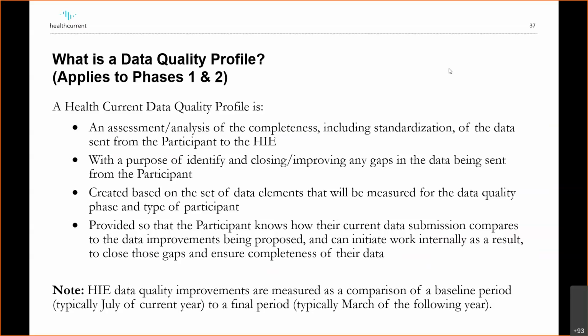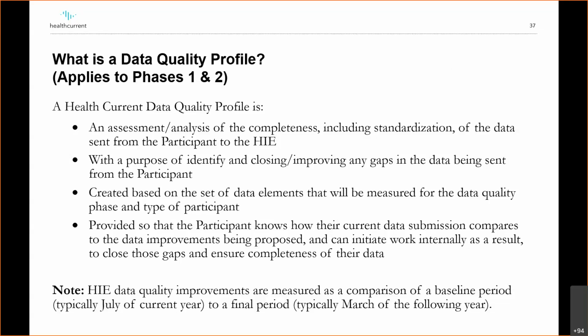So we actually extract data that any data source sends to the HIE for a time period, and we analyze that data to see if it's in the right segments of the messages, what percentage of the time it's there versus not there, and whether it's according to national standards. Those types of things ensure that this system to system exchange is processing the data consistently so that the outcome on the other end, the use of the data through our various services, is of higher quality.